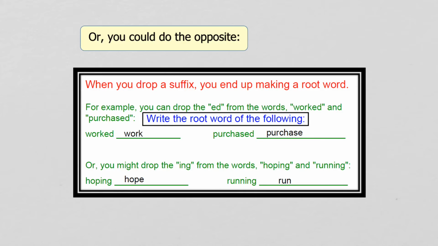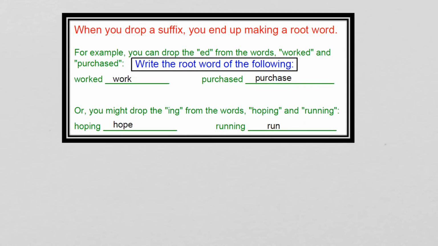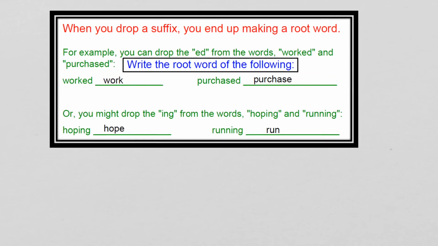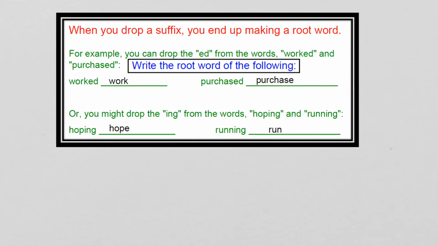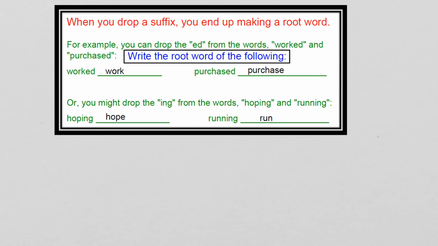Or, it's important to know that you could also do the opposite. So, if you do something called dropping a suffix, when you drop a suffix, you end up making a root word. So you could start off with a word that actually has a suffix on it, and you might need to write the root word. So for example, you can drop the ed from the words worked and purchased.